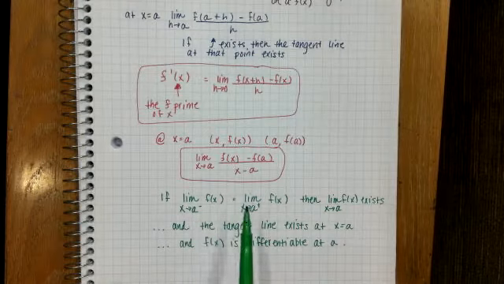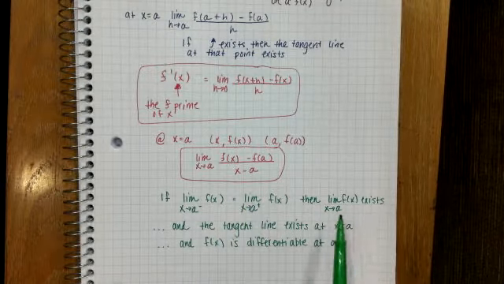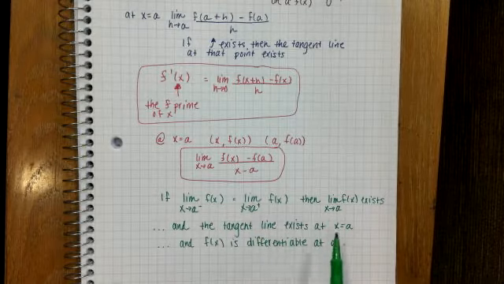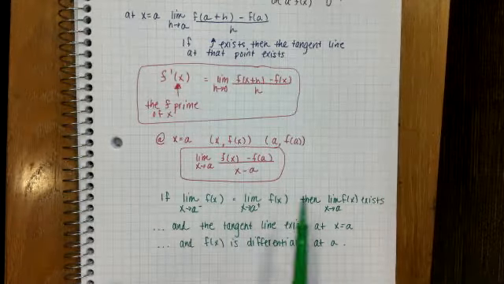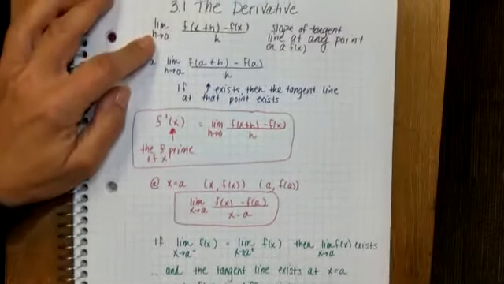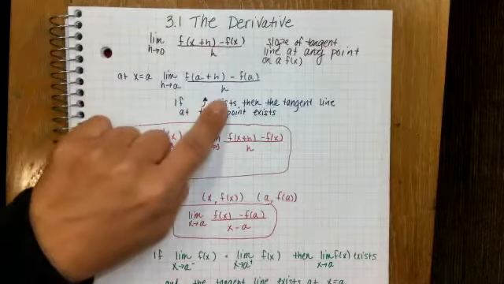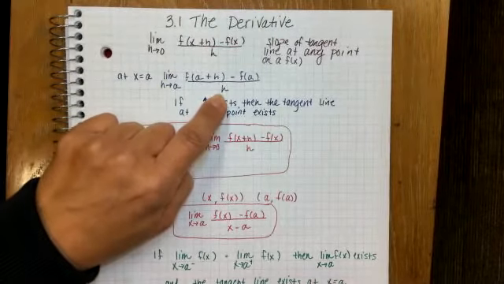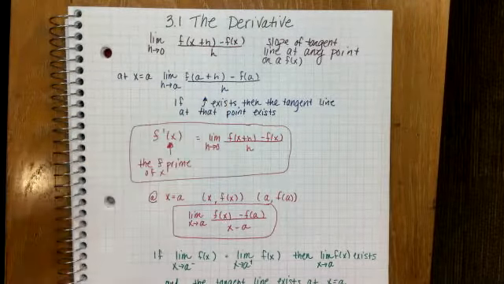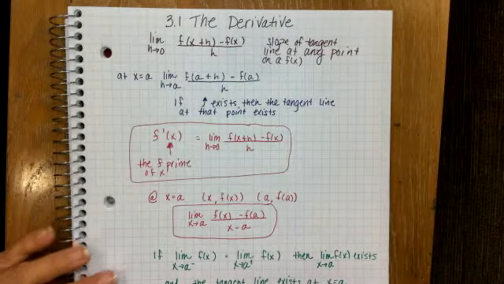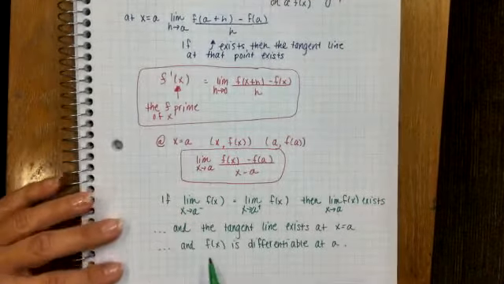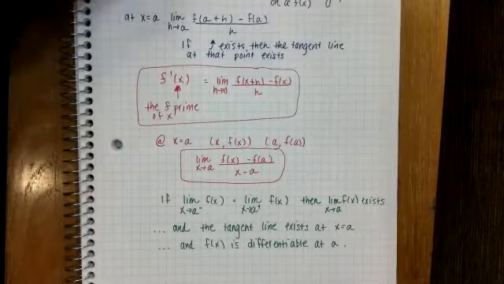The left hand and the right hand are the same, therefore the limit exists. And if the limit exists, the tangent line exists at a, right? Because the limit as x approaches a, h approaches a, whatever, this is the slope of the tangent line. So if the limit exists, the tangent line exists because you've just found its slope, and therefore we say that the function is differentiable.